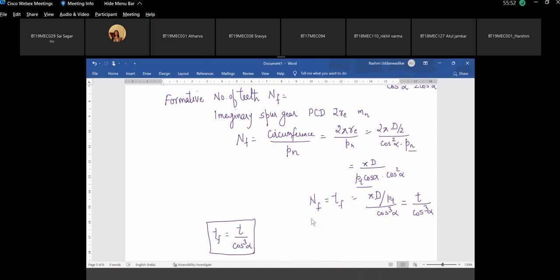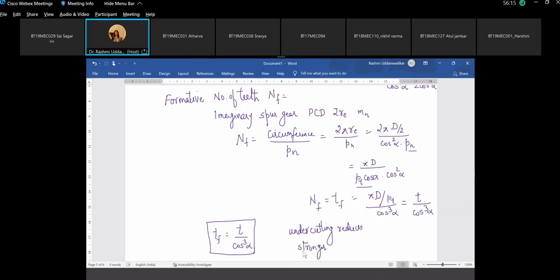And the advantages of this, can you tell me what is the advantage apart from whatever I am mentioning? Undercutting reduces, teeth are stronger, yes.